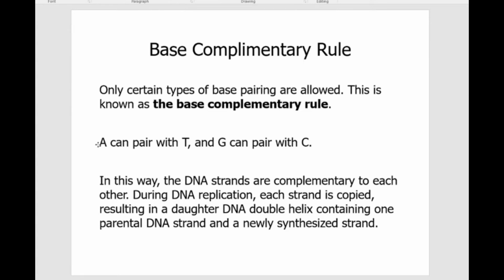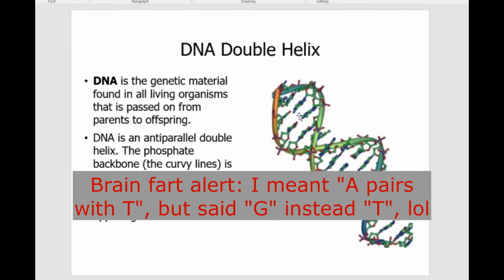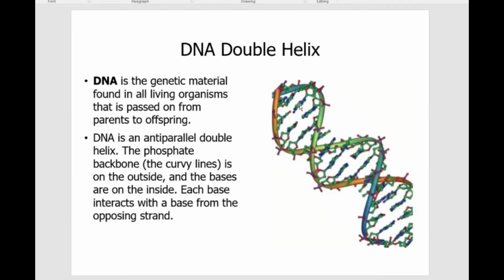So here's the rule: A pairs with T, and C pairs with G. So if this is A, then this has to be a T because A pairs with T. If this is C, then this has to be a G because C pairs with G. Okay, and then between those nitrogenous bases, you are going to have a hydrogen bond, a very weak chemical bond, to link those nitrogenous bases, which also holds the 2 strands together.